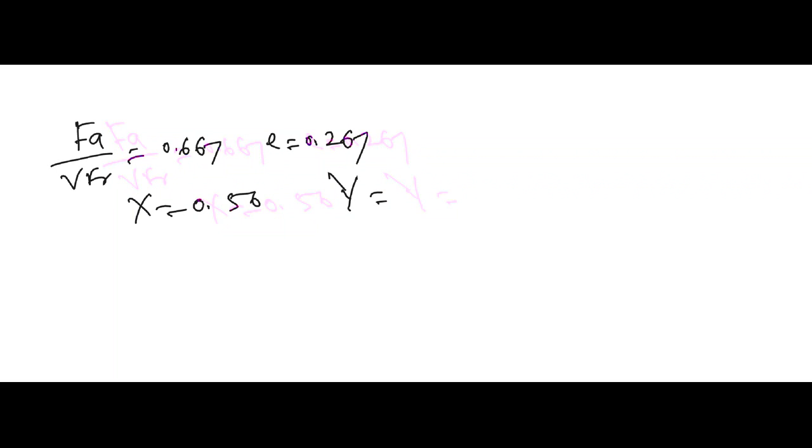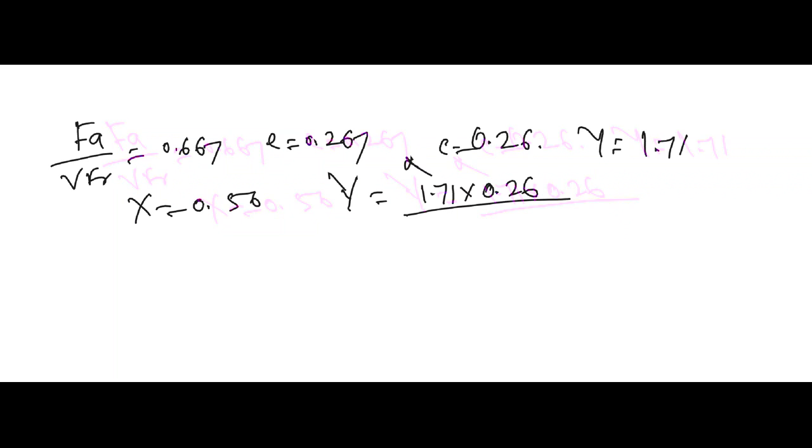Now for 0.26, Y equal to 1.71. Okay. Now let us calculate it for 0.267. How much are you going to get for the value of Y? So 1.71 into 0.26 divided by 0.267.